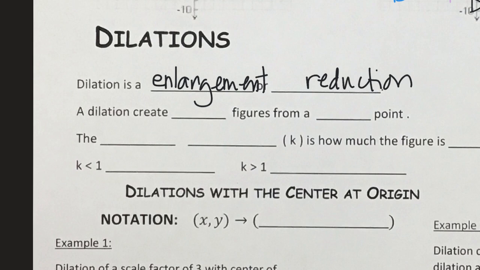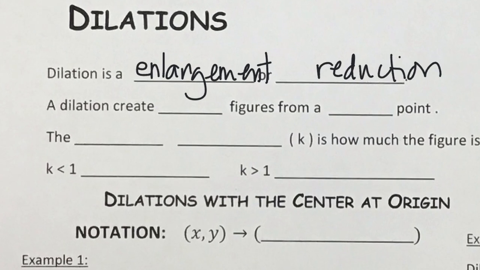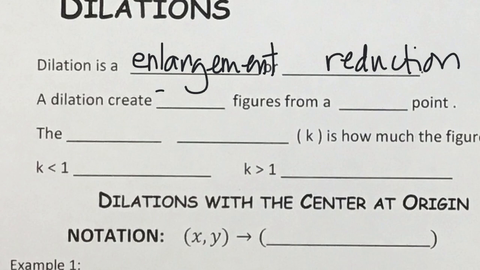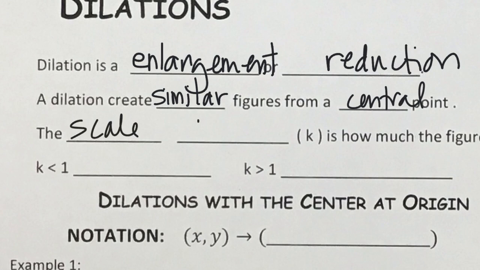This happens to your body all the time. Okay, we have dilations. A dilation creates similar figures from a central point. This is getting larger or smaller based upon what's called your scale factor.